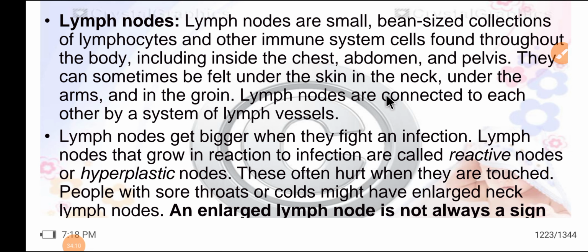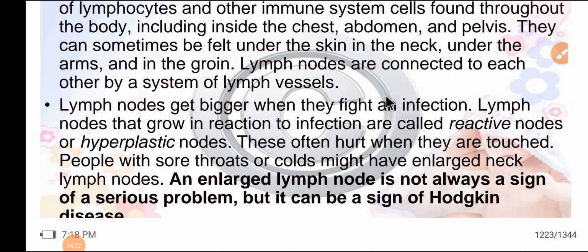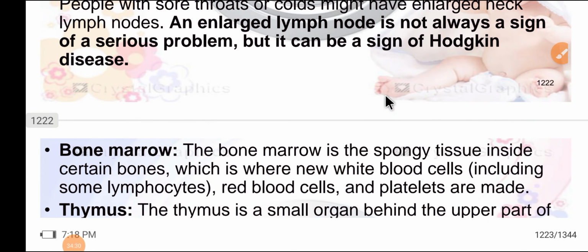These often hurt when they are touched. People with sore throats or colds might have enlarged neck lymph nodes. An enlarged lymph node is not always a sign of a serious problem, but it can be a sign of Hodgkin disease.